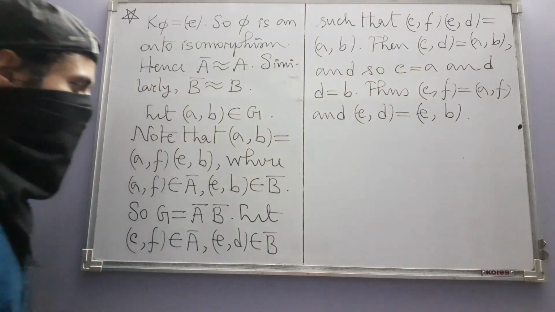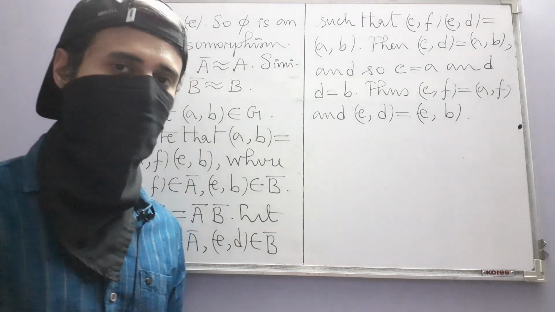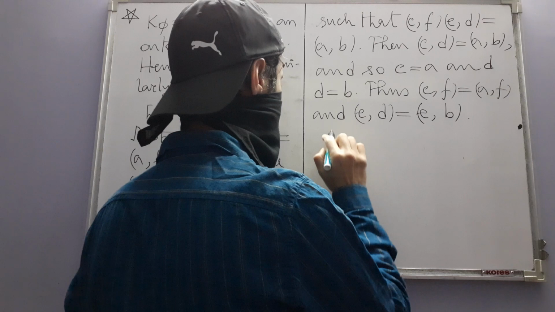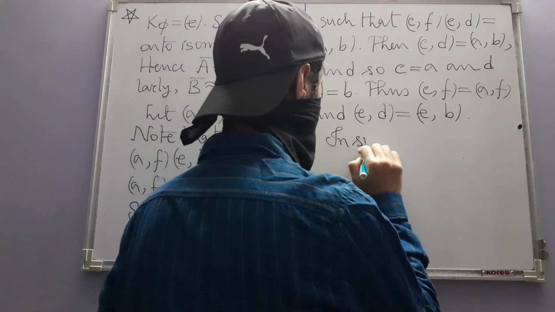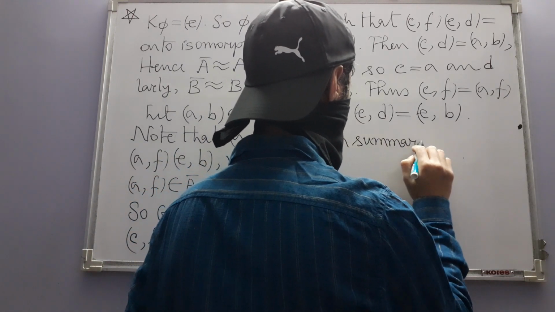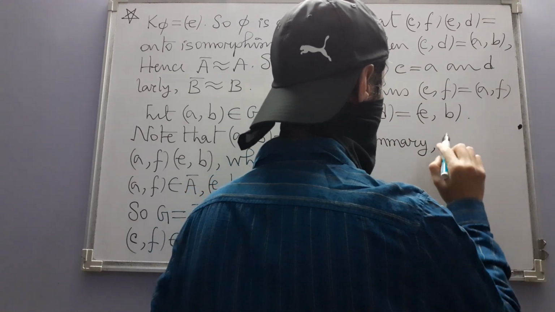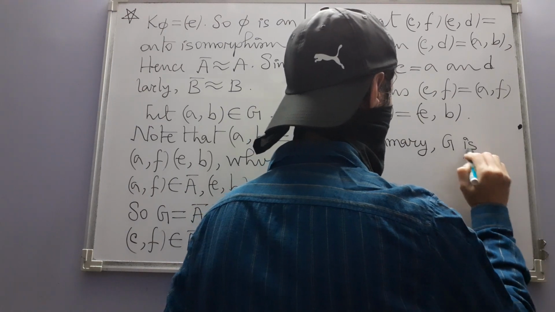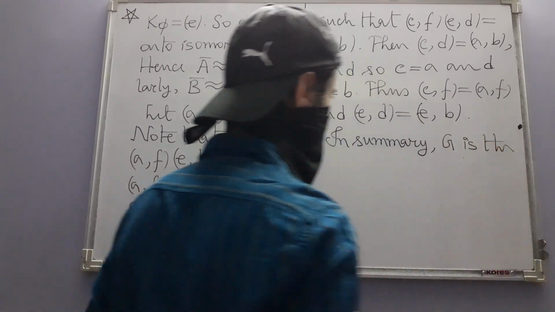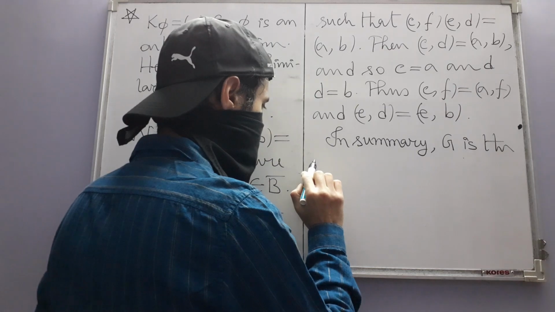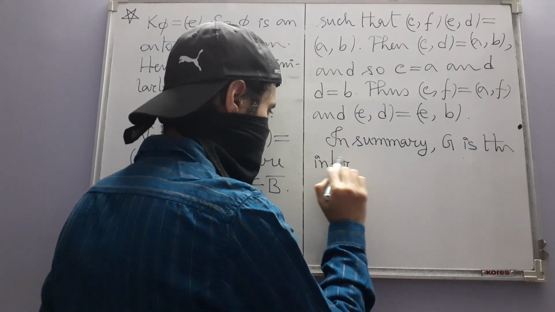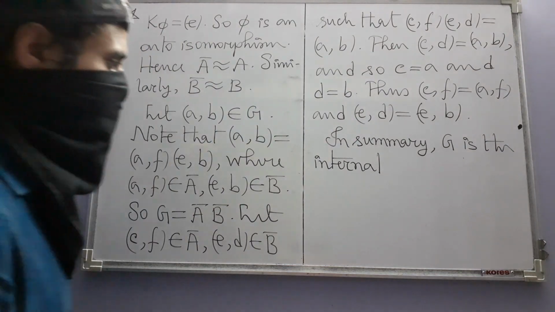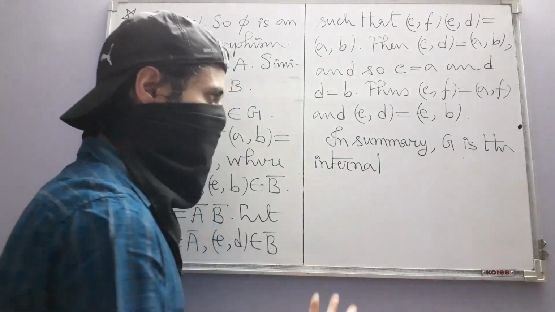Okay. Now let us summarize what we have shown so far. In summary, G is the internal, we are just calling it internal, although we already have this product, right? You now understand why we are calling it internal.